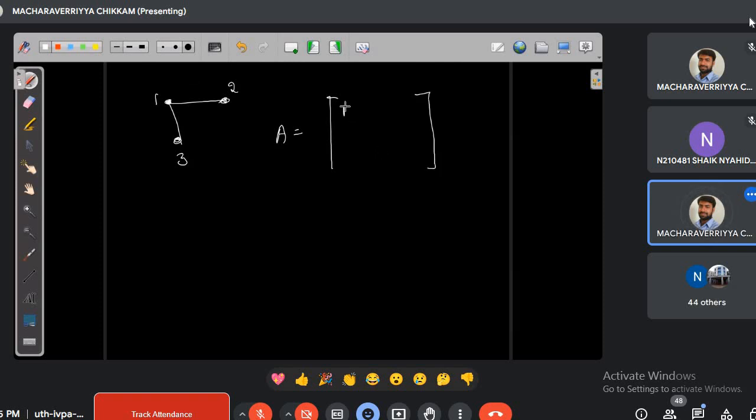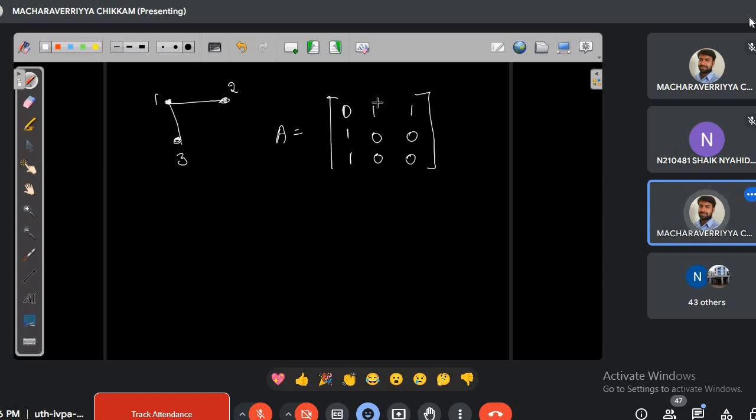It is 0, 1, 1, and 1, 1, 0, and 0, 0, 0. So this is the matrix A, right?